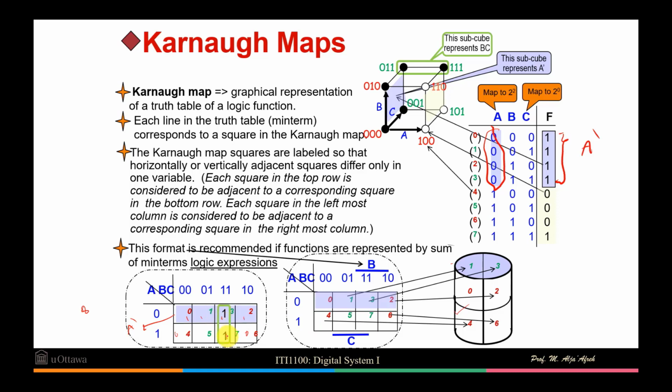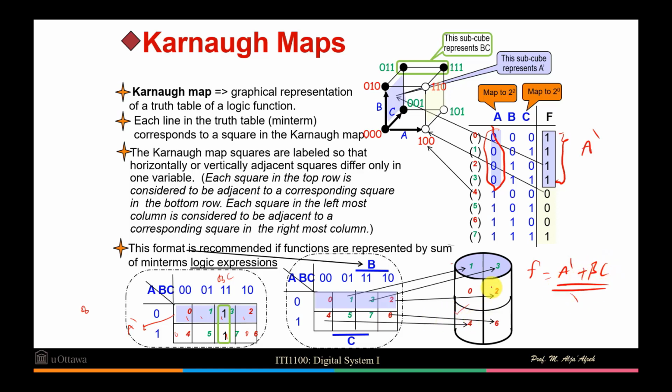Can I group it in a group of 8? No. A group of 4? No, I cannot. Group of 2? Yes, the only way I can do it is this way. And since A is changing from 0 to 1, I will just take the column label, which is BC. So this function f can be written in a simplified way as A prime plus BC.